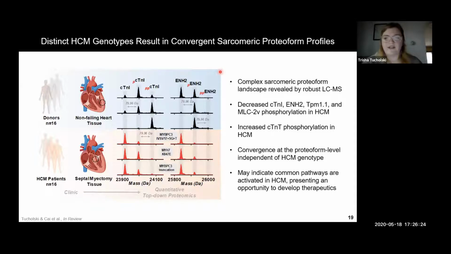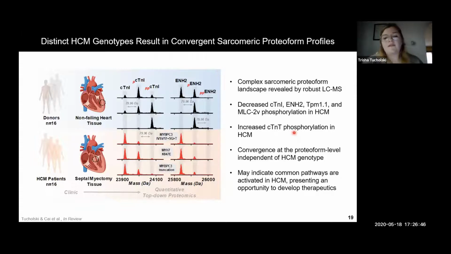So that's myosin light chain 2 ventricular isoform in our HCM samples. And in addition to that, we saw an increase in cardiac troponin T phosphorylation in HCM, which we potentially could investigate as a link to the uncoupling of calcium sensitivity and cardiac troponin I phosphorylation in the sarcomere.